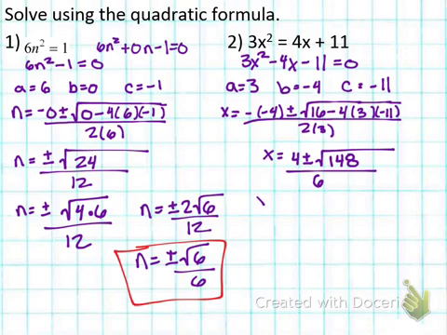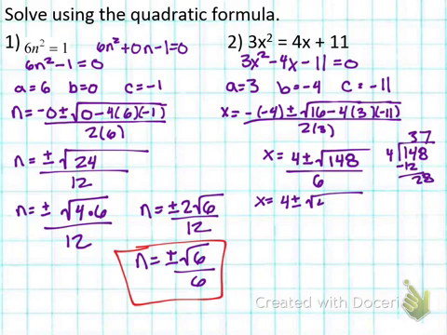All right, then I want to simplify this. 148. I want to see if I can divide that by 4 so that I can take out a perfect square like I did here. So 148 divided by 4 gives me 37. So this is just the square root of 4 times 37 all over 6.